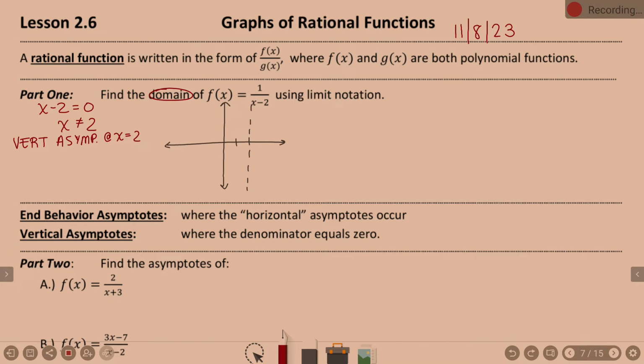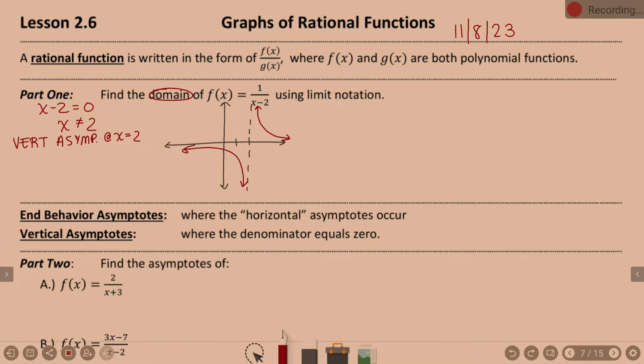I know there's a vertical asymptote at x equals 2. Normally that vertical asymptote is at the y-axis at 0. Now it's going to move right 2. And so now my graph is still going to look like the reciprocal function, but it is shifted 2 to the right.